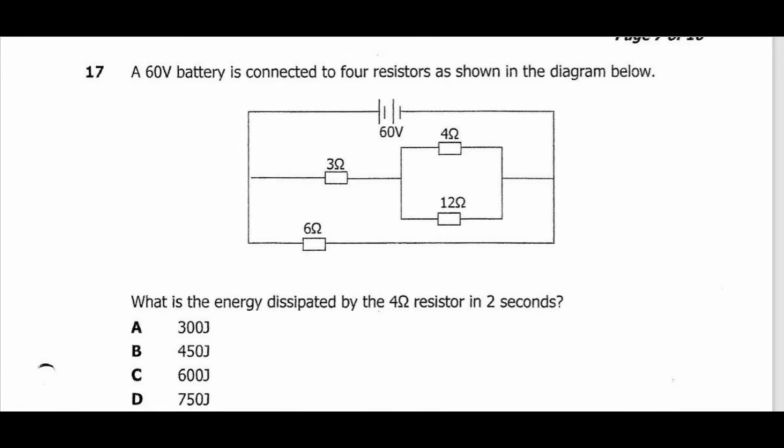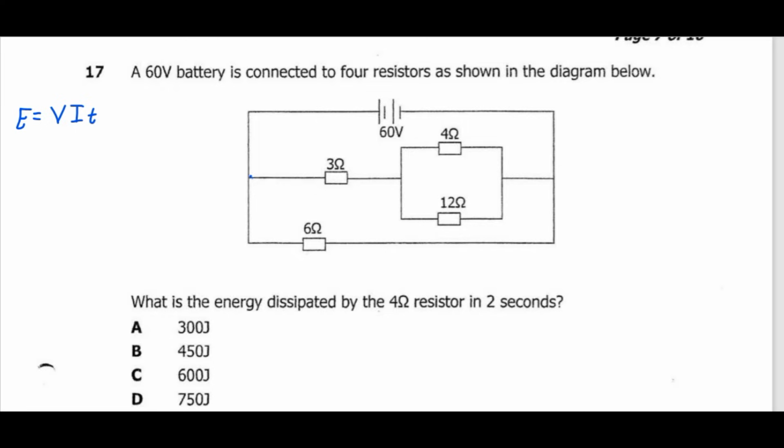Then we have question 17. A 60 volt battery is connected to 4 resistors as shown in the diagram below. What is the energy dissipated by the 4 resistors in 2 seconds? So we know that the energy is calculated by voltage times current multiplied by time.